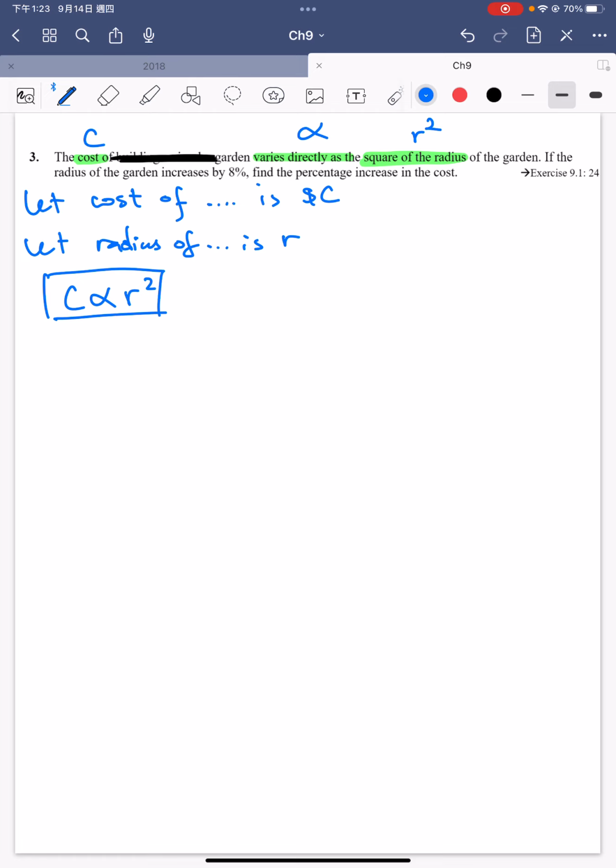In the second sentence, we have: if the radius of the garden is increased by 8%. Because our radius is increased, we have a new value of radius, which means we can find our new radius. And the question is asking to find the percentage increase of the cost. So what we want is the percentage change of cost. We can use our formula, the new cost minus the old cost divided by the old cost, and then times 100%.